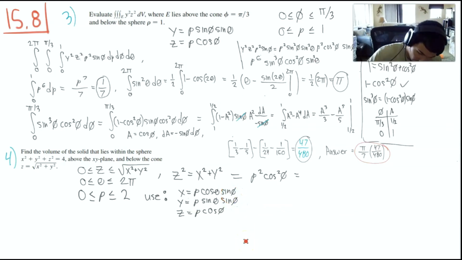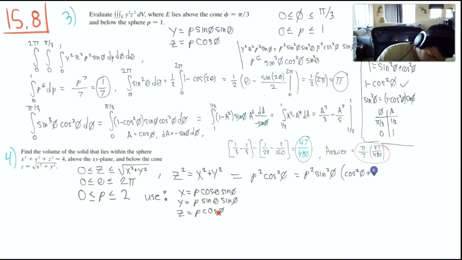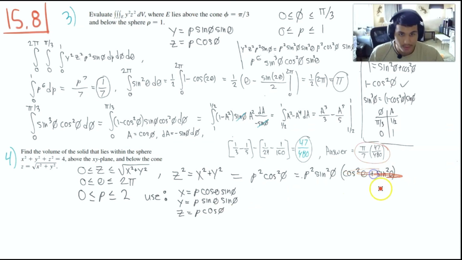So I could factor that out. Then what's left is cosine squared theta plus sine squared theta. And everyone knows that this is equal to 1.